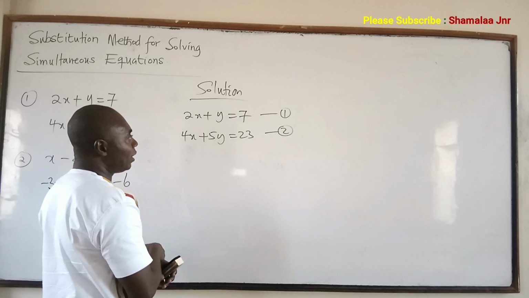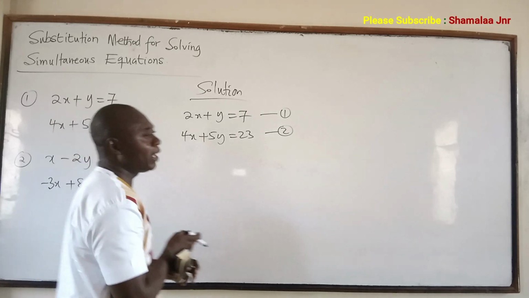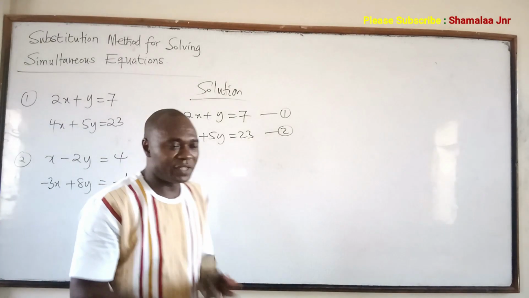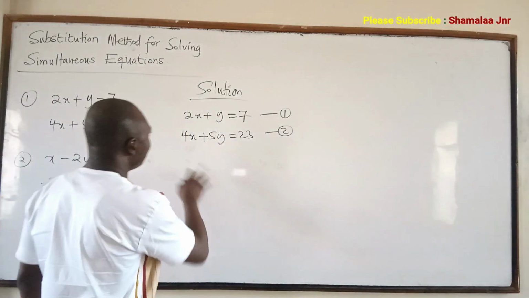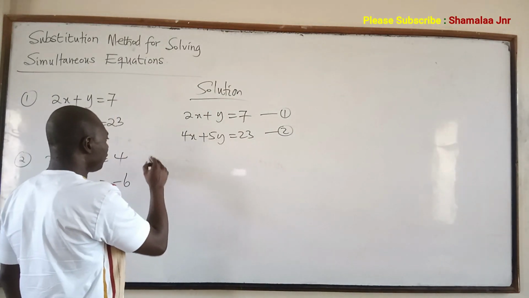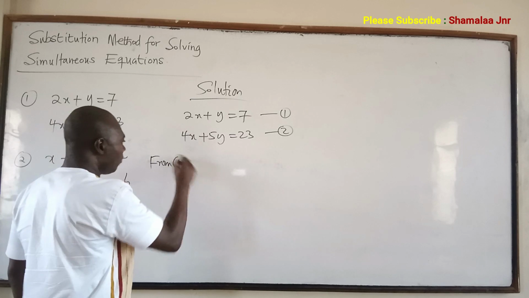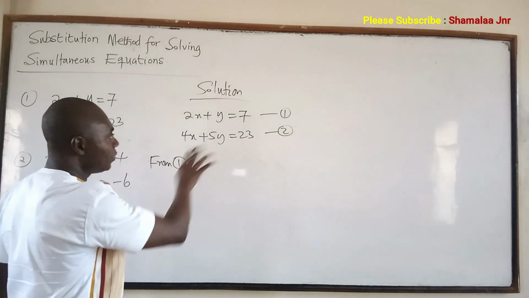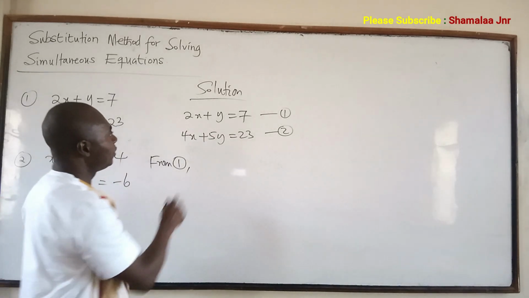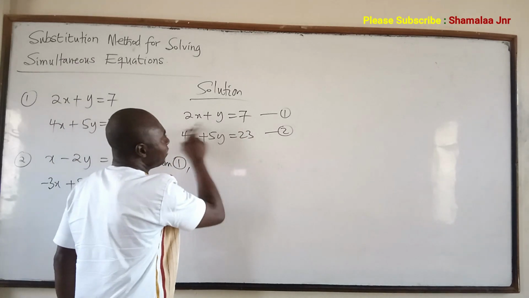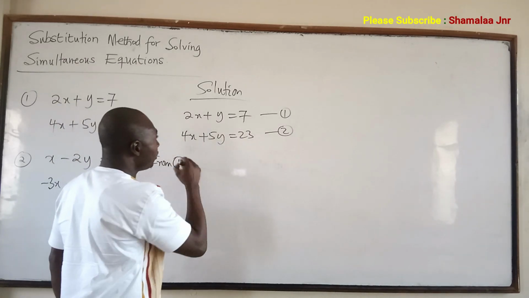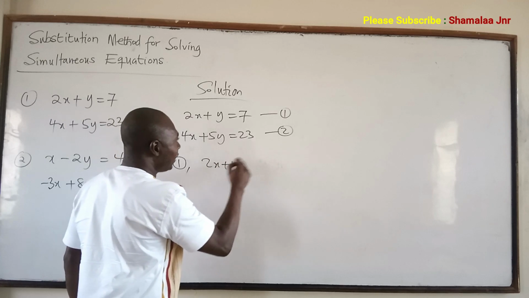Let's look at these two equations, equation 1 and 2. Normally, it's advisable to take the simpler equation and make one of the variables the subject. So let's look at equation 1. You have to always circle the equations. From equation 1, you can decide to make y the subject. You have 2x plus y is equal to 7.